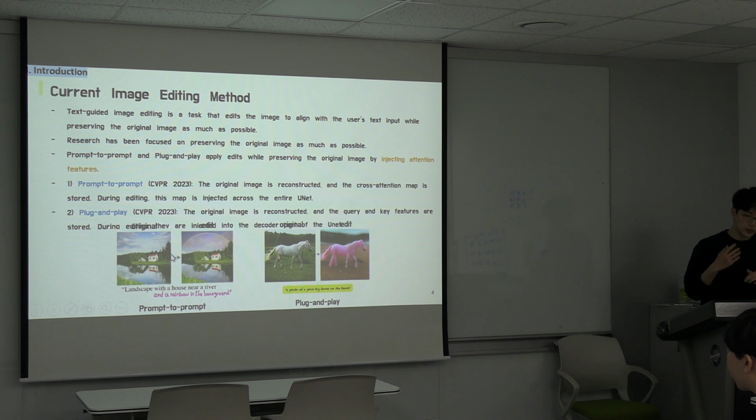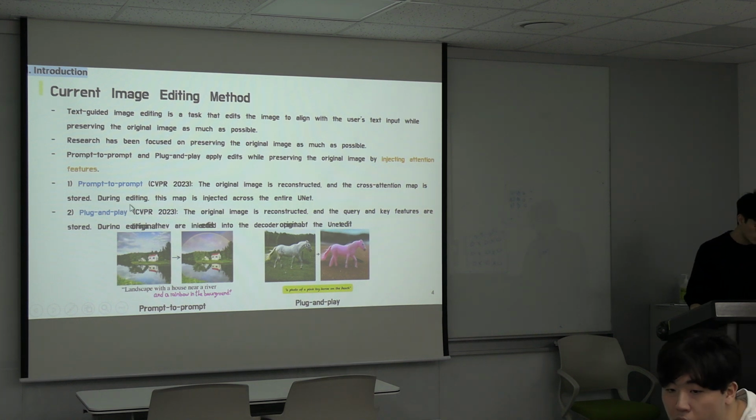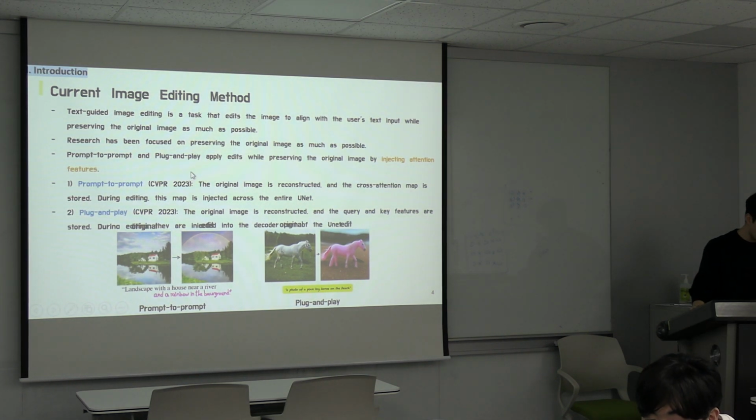Previously, image editing methods based on diffusion models struggled to preserve the characteristics of the original image. However, with the introduction of prompt-to-prompt and plug-and-play approaches, which were submitted to CVPR 2023, it is possible to edit the image to align with the user's text prompt.